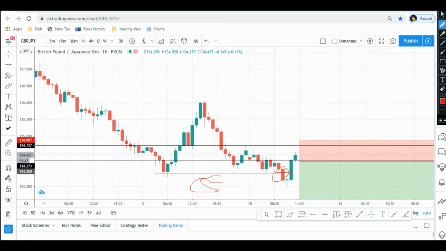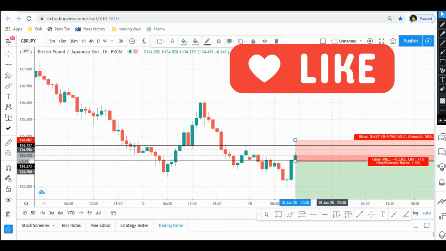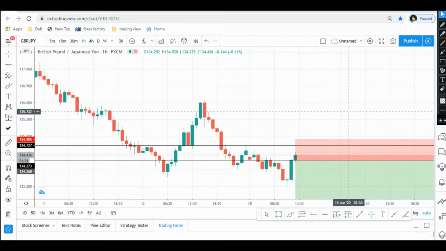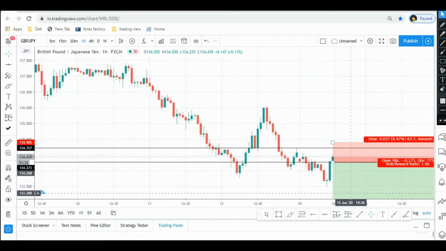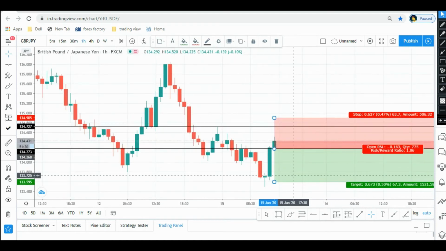I saw this is the nearest resistance, so this is why I was supposed to place my sell order in this area. And my take profit would be very simple and short, which is this.